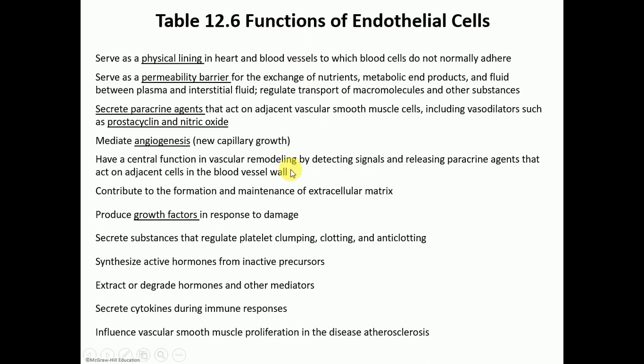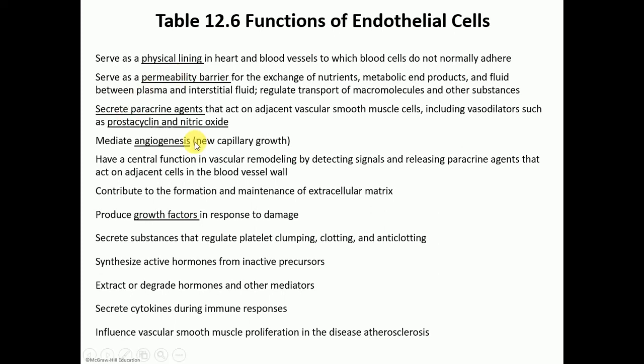This shows the functions of the endothelial cells. The ones that you want to focus on are that they are the physical lining, and the fact that they are smooth prevents the formation of blood clots. They are also a barrier for keeping things in and preventing certain things from getting out of the vascular system.